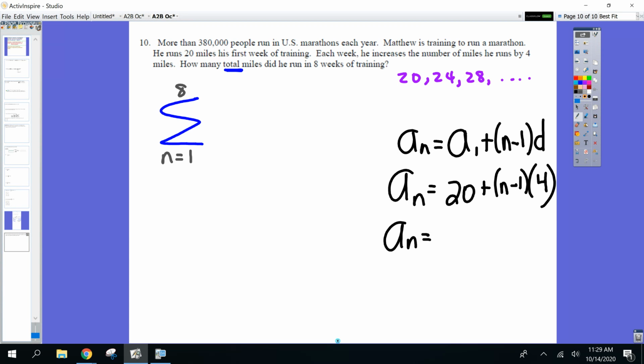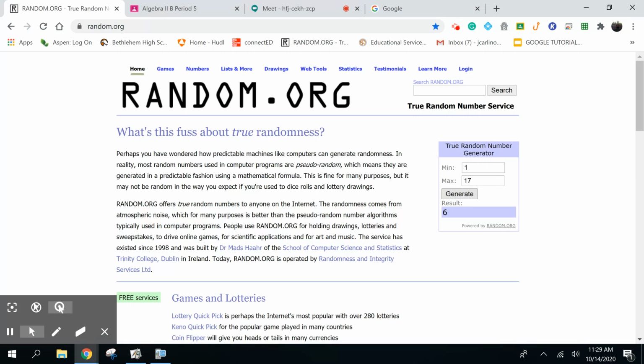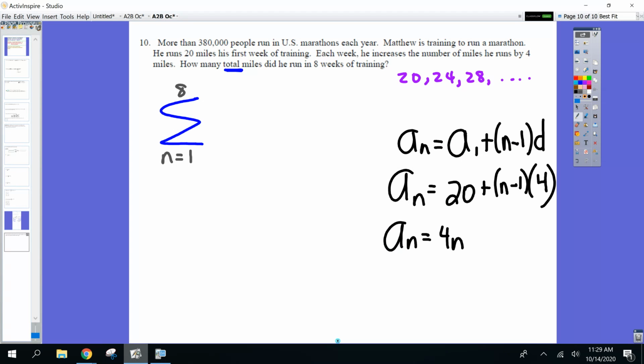So I'll give everyone an opportunity to clean that up. Bassett, when you're ready, 4n plus 16. There you go.